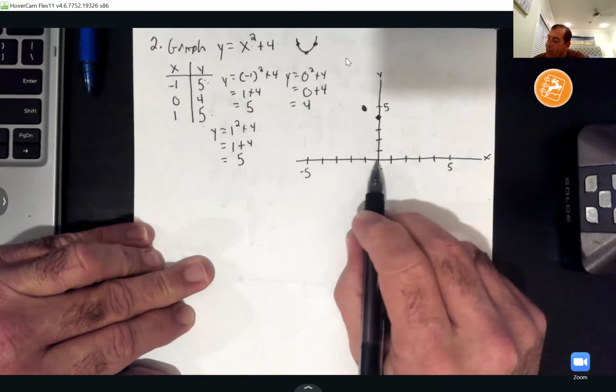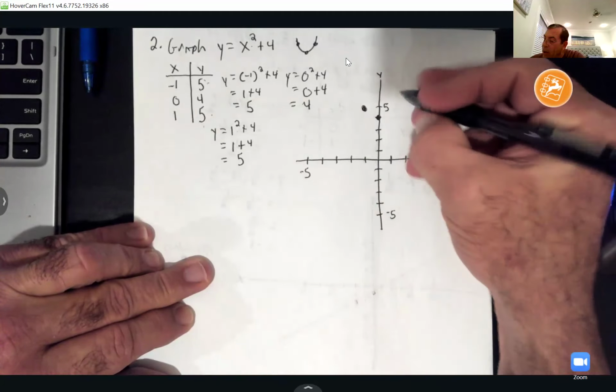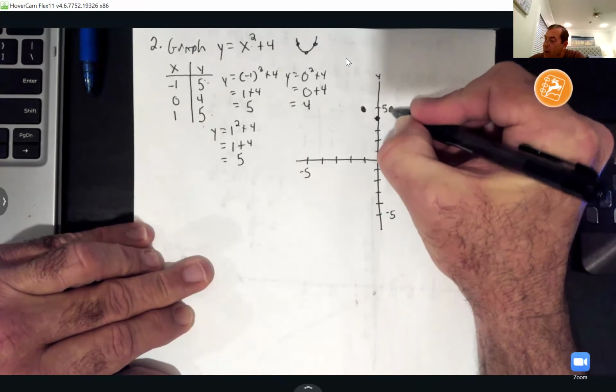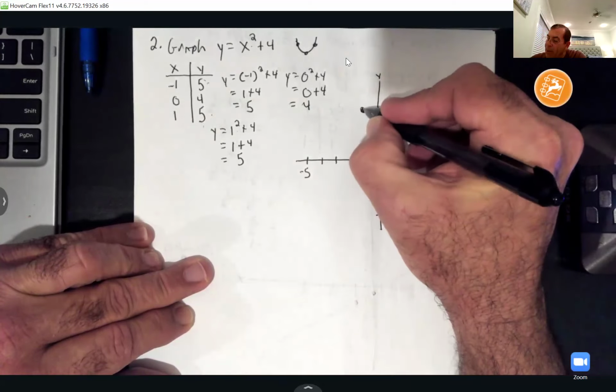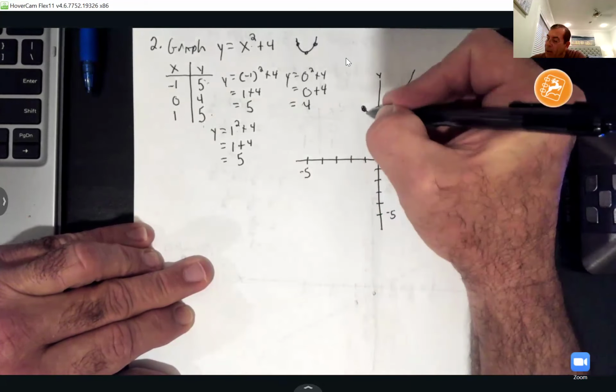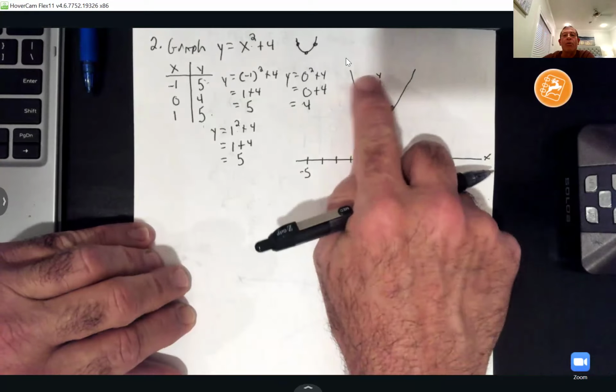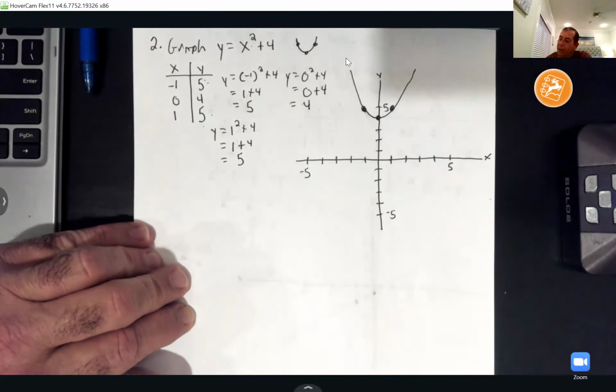And then 1, 5 will be right 1, up 5. When you put the last point in MATLAB, it'll come in and draw your parabola for you, okay?